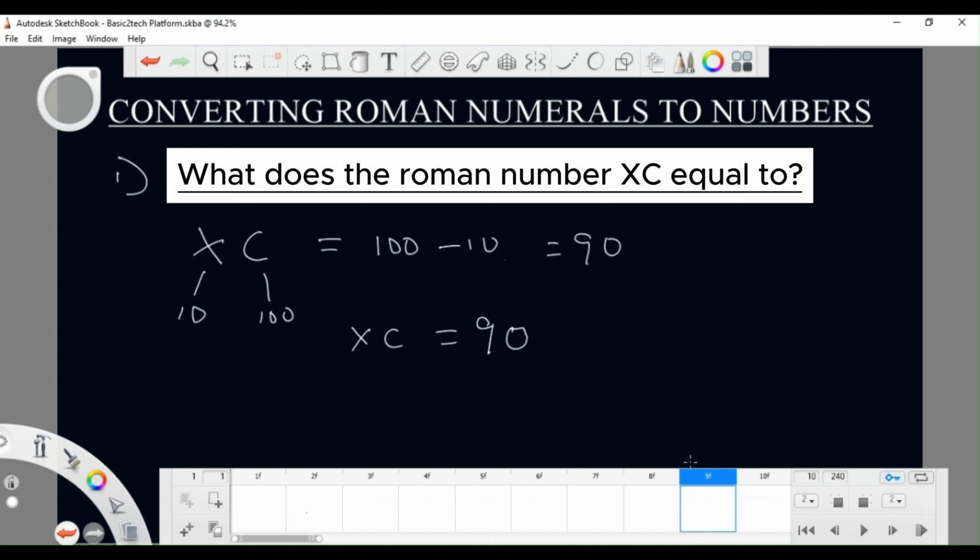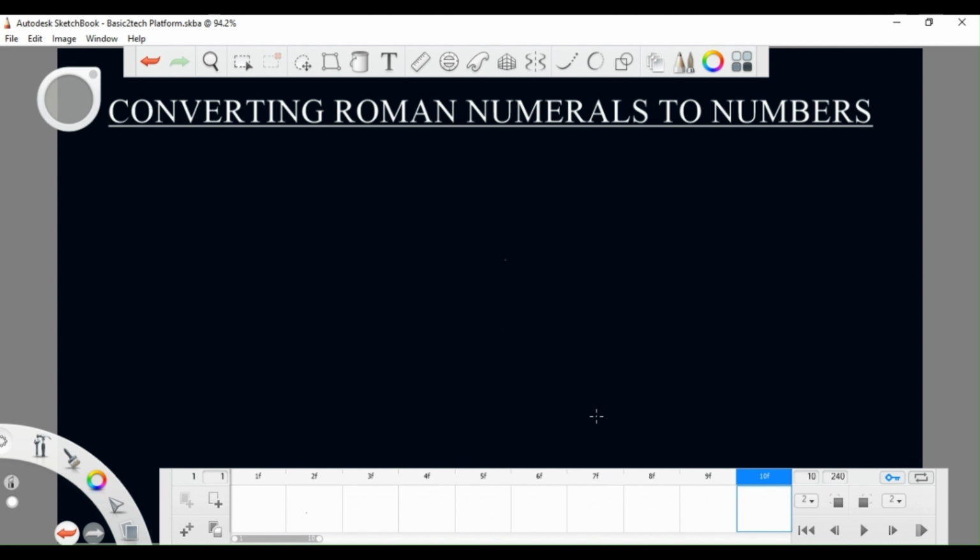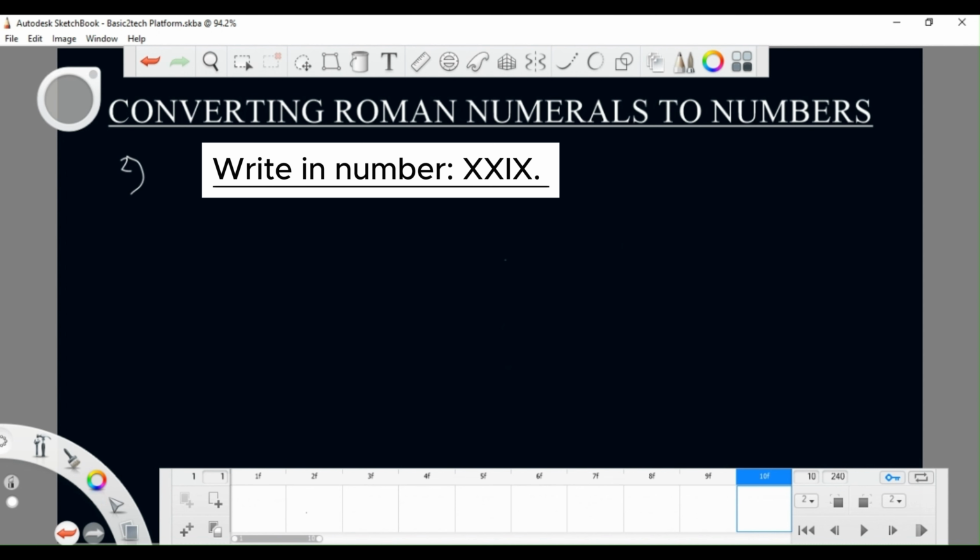Let's go to our next question. Question number 2. It says write in numbers XXIX. Remember, X is 10, I is 1, and IX.